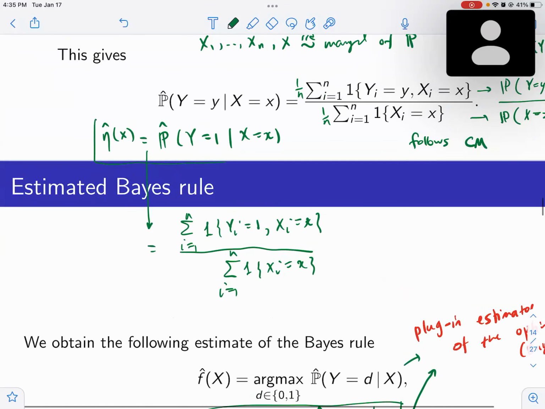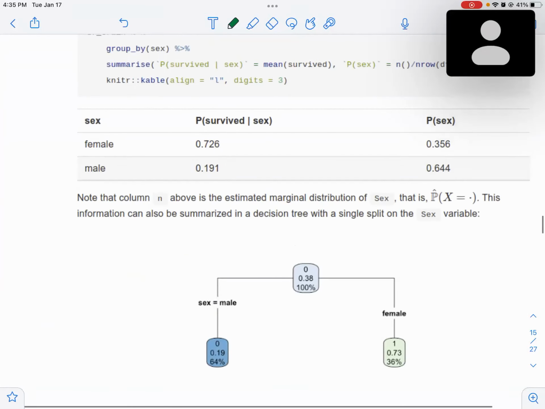Basically, that's your regression function, eta hat of x, which is p hat of y equal 1 given x. So here x being female, it takes two values. This is very close to what I gave you as the population level, but this is based on 900 rows. And this is basically p hat of x equal x.